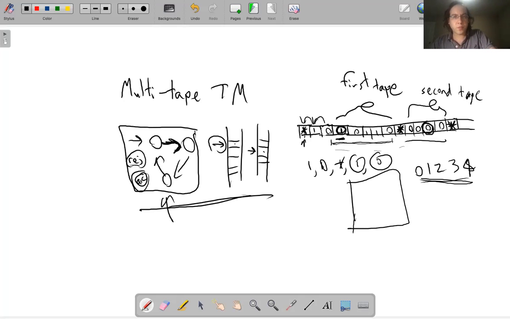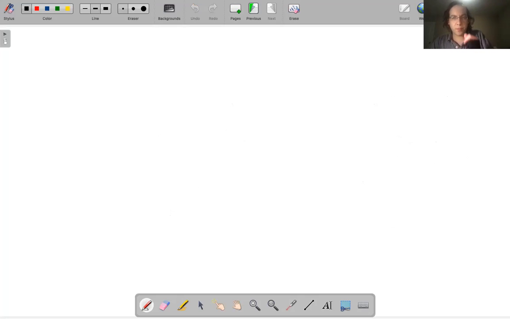Another important notion of Turing machines is that we usually think of them as running on an input string, and the input string is what's written on the tape when you start running.